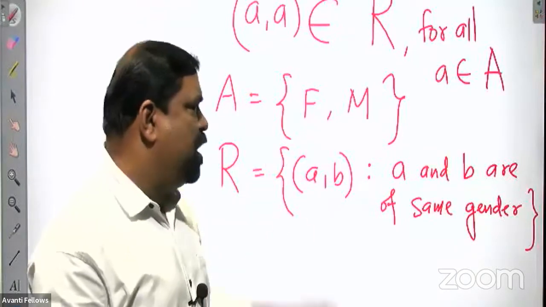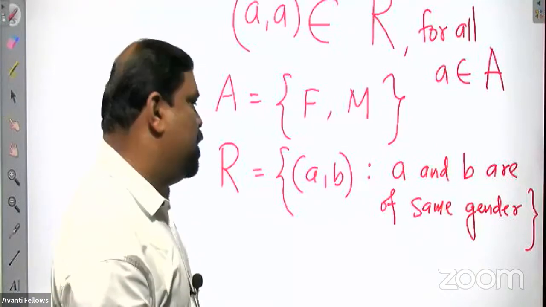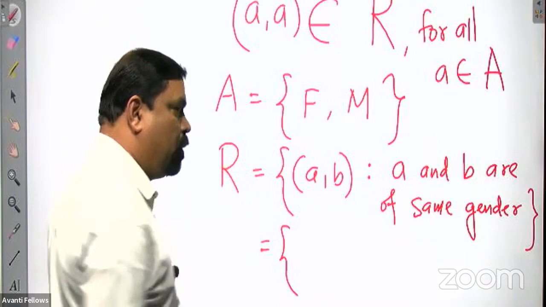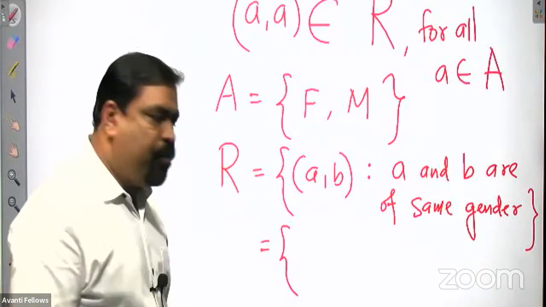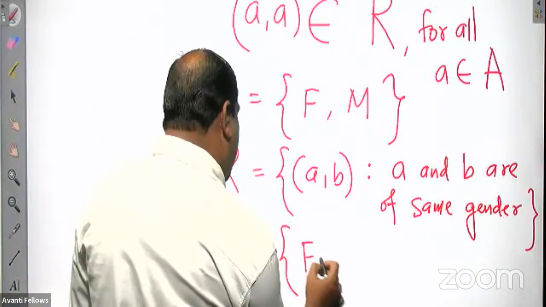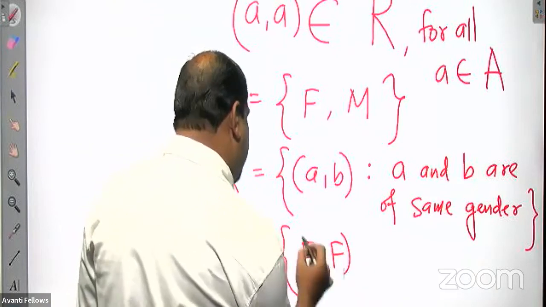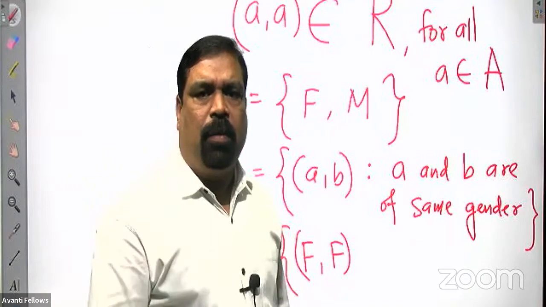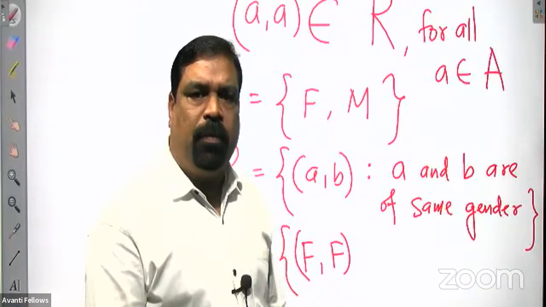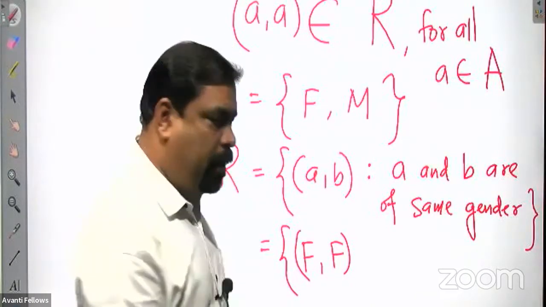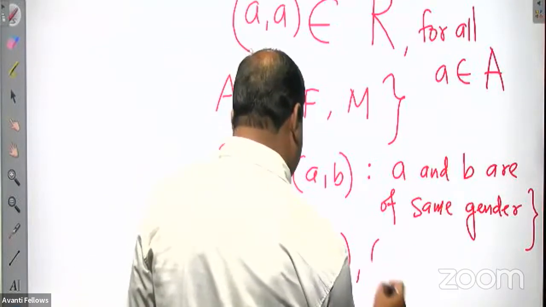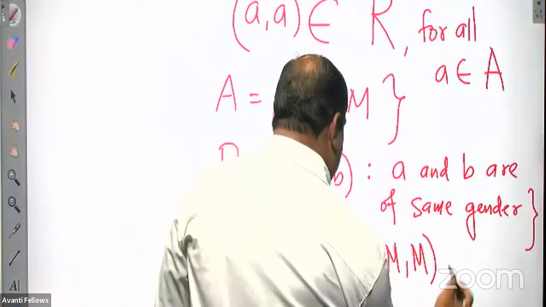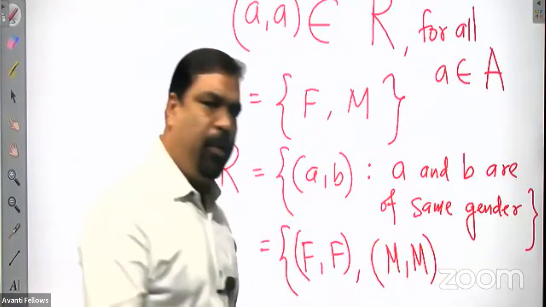So what about this relation? What are the elements if I list them out? Very clearly we know (father, father) is one element, the same person, male and male. Then (mother, mother).